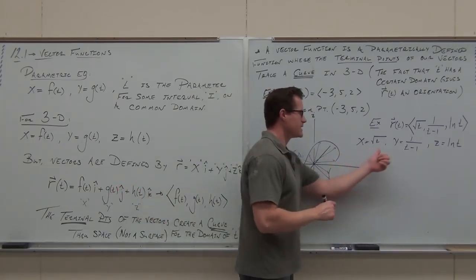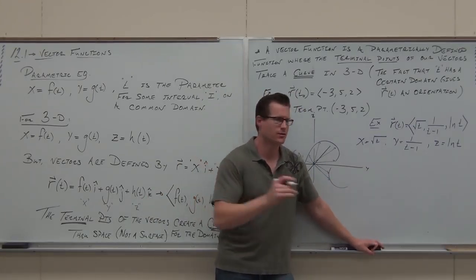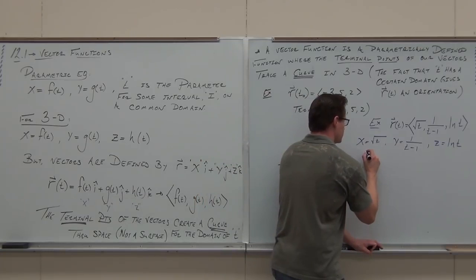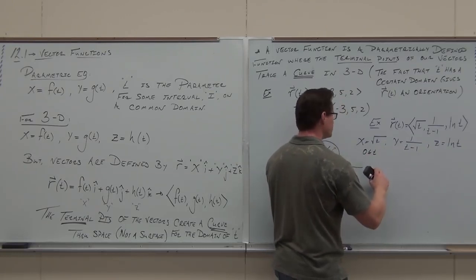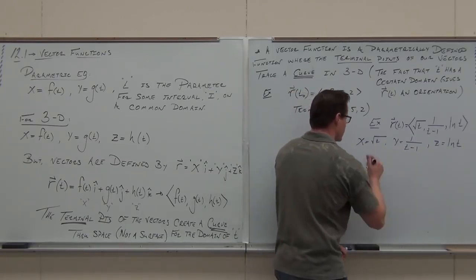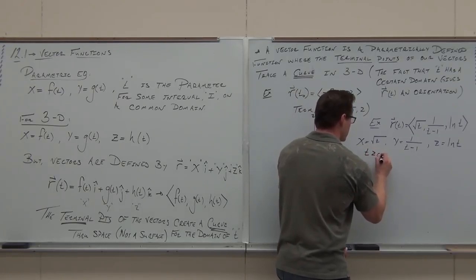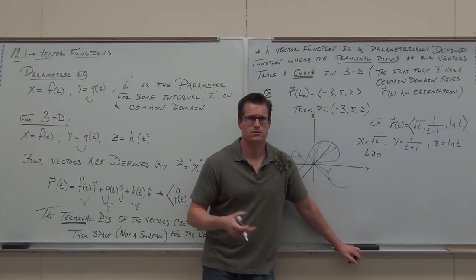Can you tell me what t has to be, just for the x-coordinate? Everybody, come on, what's t got to be? Probably easier to do it this way though. So t's got to be greater than or equal to 0. Yes, no?